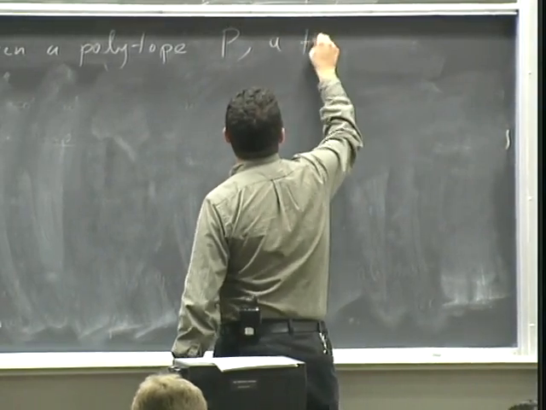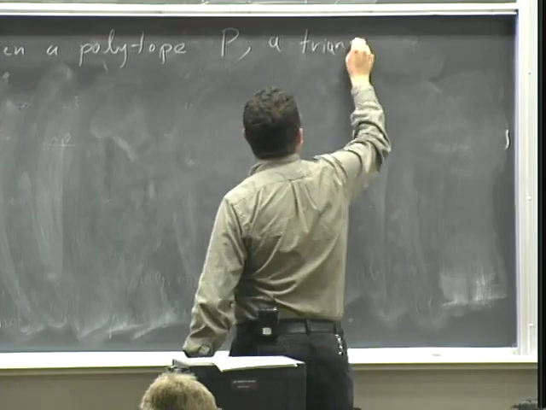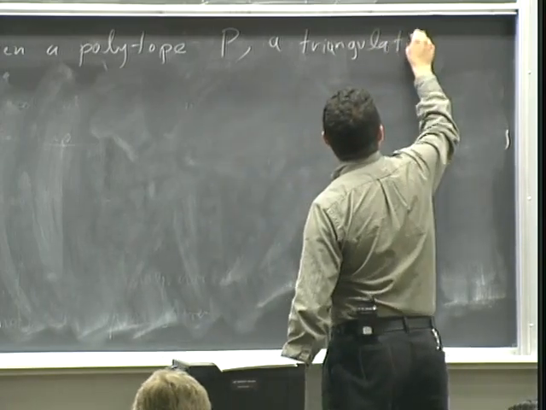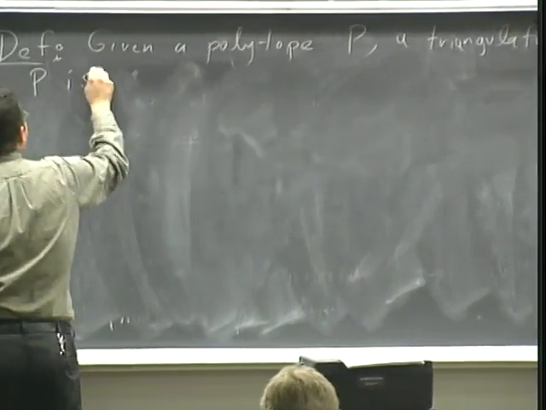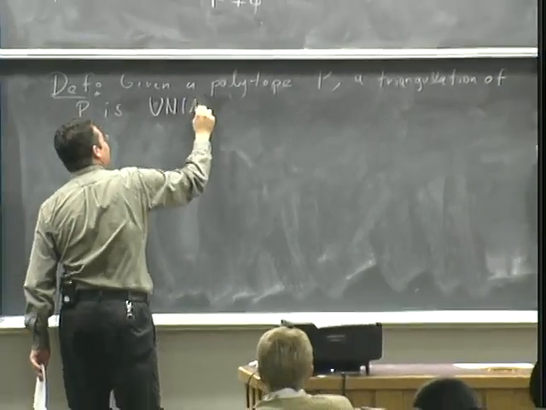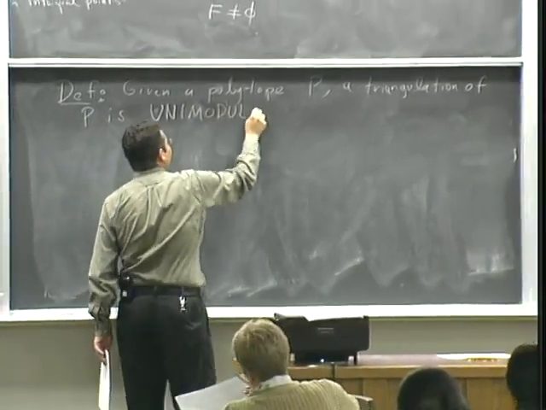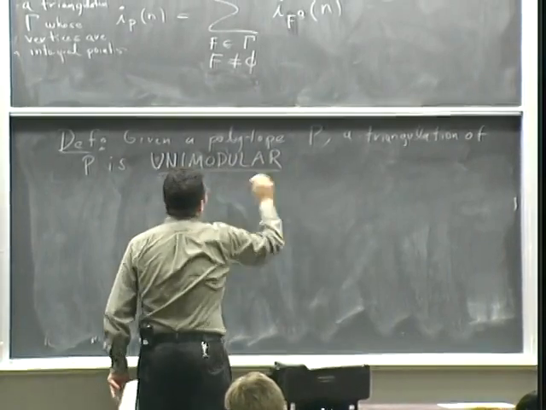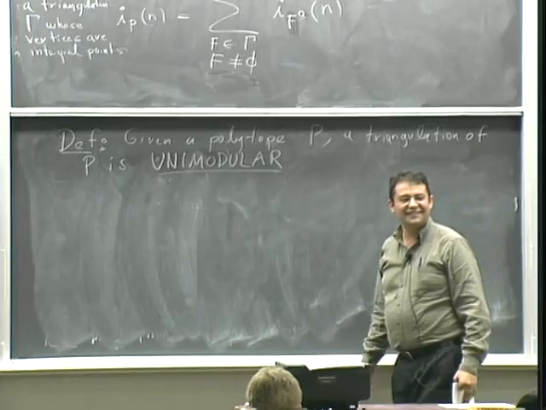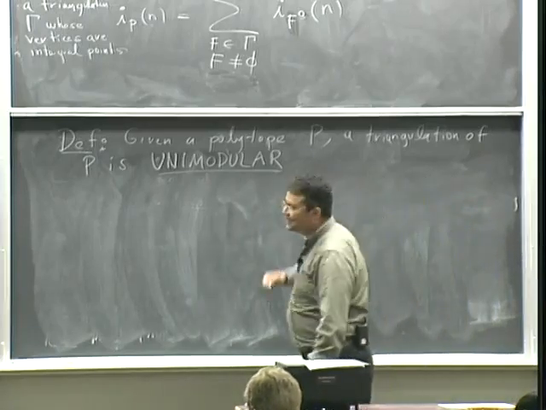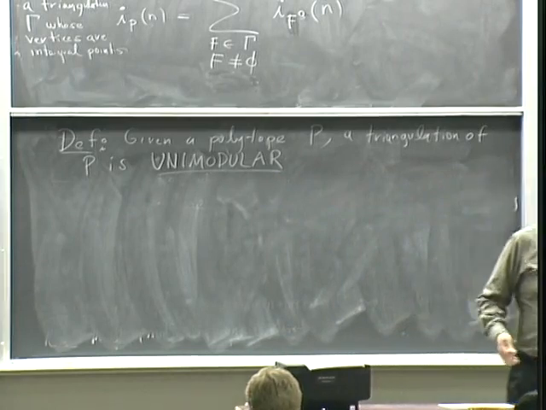A triangulation of P is unimodular. Some other people call it primitive, but that's not in this neighborhood, you know. We call it unimodular here in California.